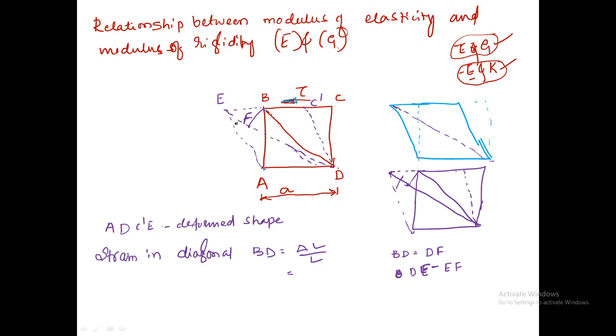DE, the elongated diagonal length, minus FD. Is the equation I wrote correct? DE minus DF, right? DE minus DF will give the change in length. That is the distance EF, right?